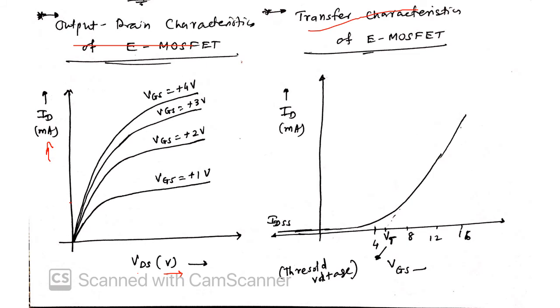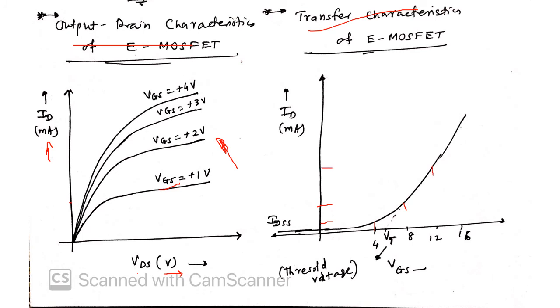And again, as VGS is increasing, that is, as the gate is made more positive as you go on the upward side, the ID current increases, but the consecutive gap reduces. For smaller gate voltages, suppose from 4 volt to 8 volt, the change in ID is this much, but when you go from 8 to 12 volt, the change in ID is this much.